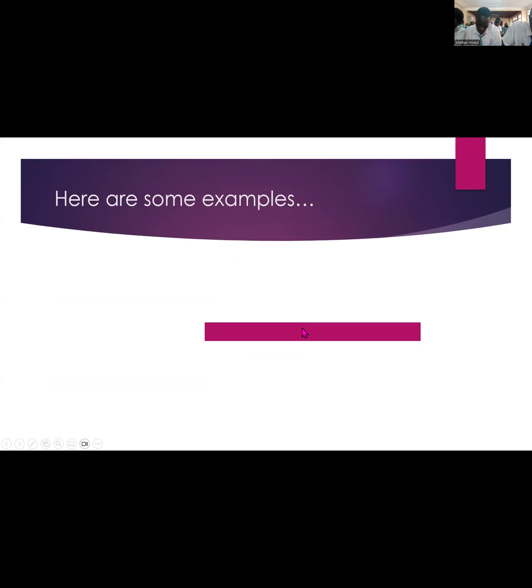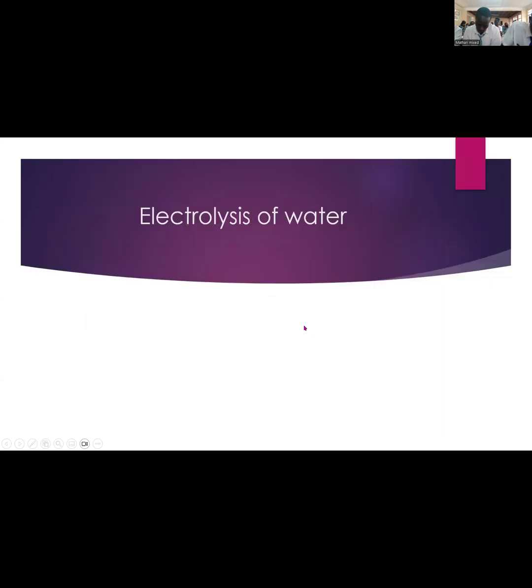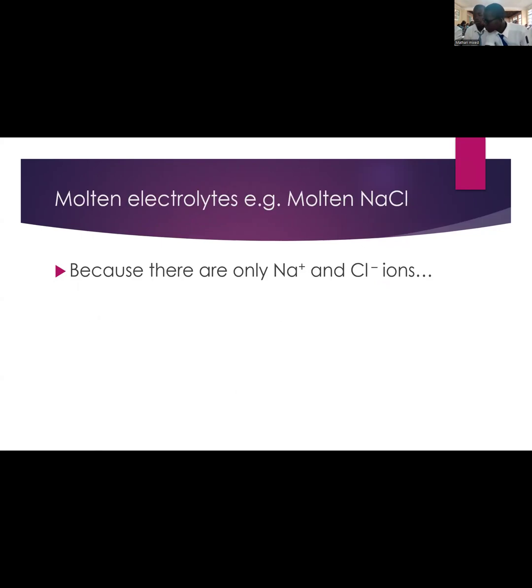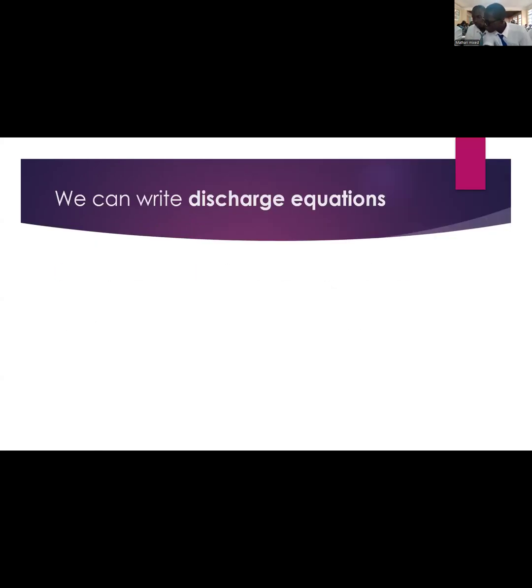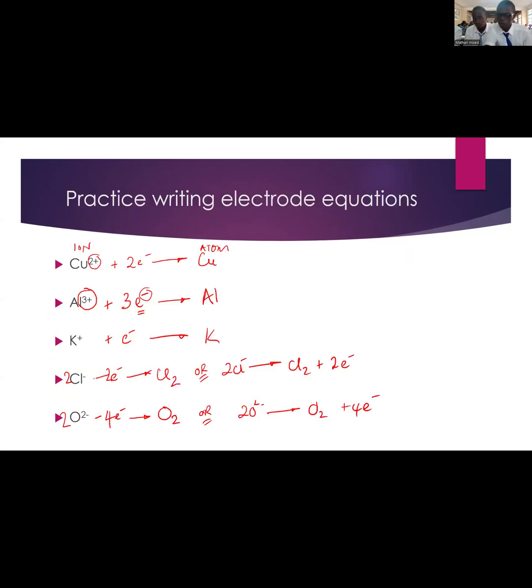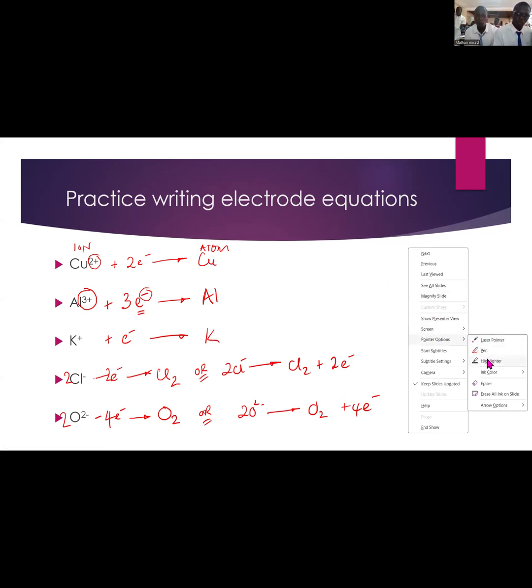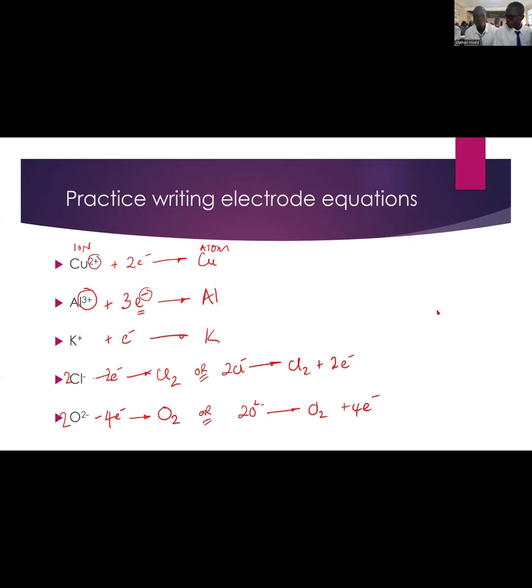Now we're going to go back to this. I want you to look at this, and we're just going to try and see something which is very important. What we're looking at is how much electricity is needed to produce one of each of these.